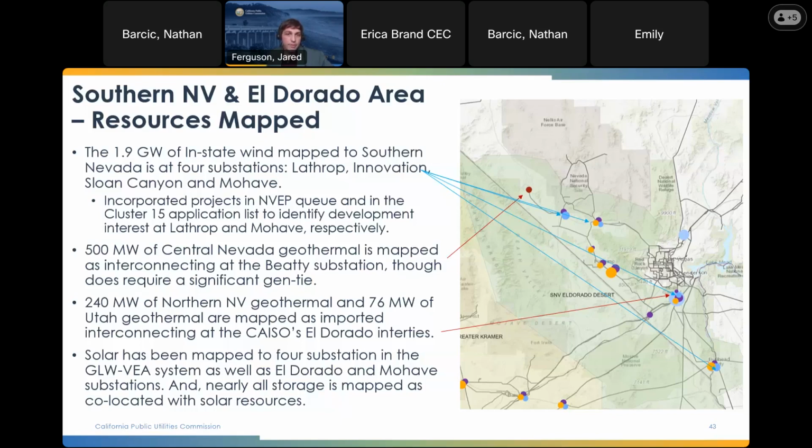We also have out of ISO resources from Northern Nevada and Utah currently mapped to the El Dorado substation, though as I noted earlier, we are still assessing the optimal interties for those resources. And then lastly, we have a significant amount of solar and co-located storage mapped to both the GLWVEA system and the Mojave substation as well. Next slide.